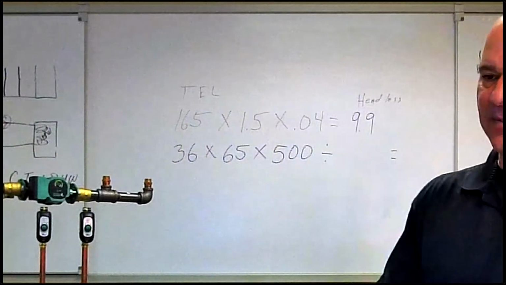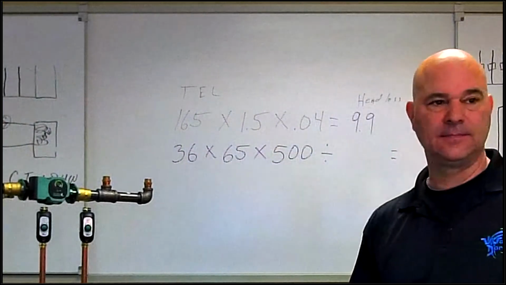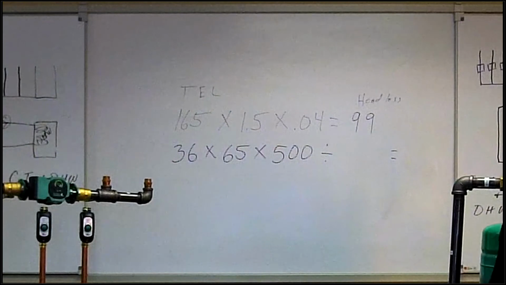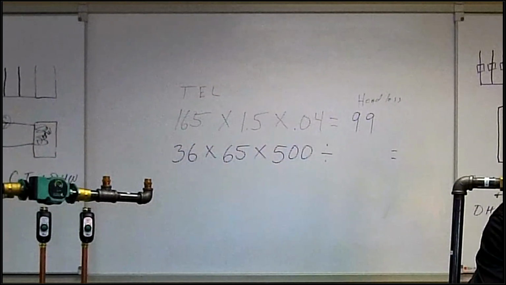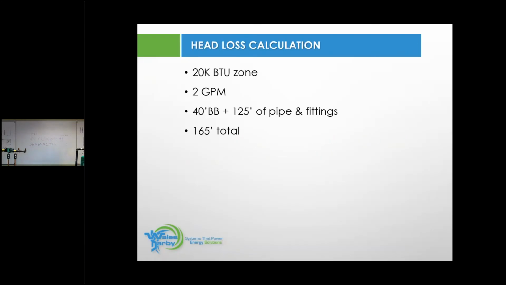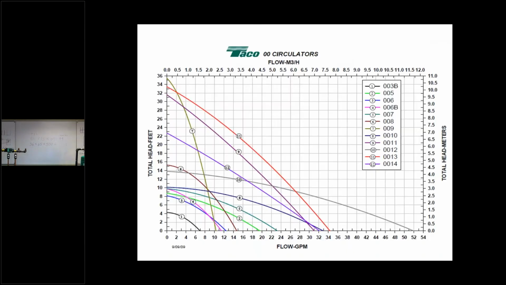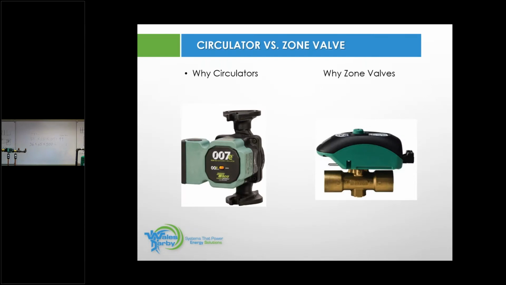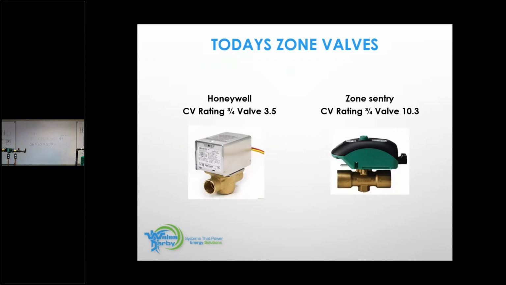We're losing everybody, Jim. A little confusion out there, yeah. Okay. So it's 36 times 65 times 500. About 4 slides ago, I said write down a BTU value.